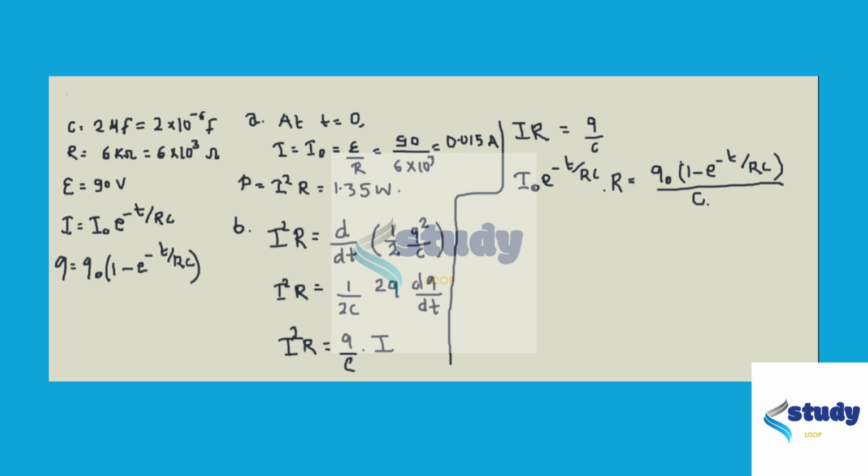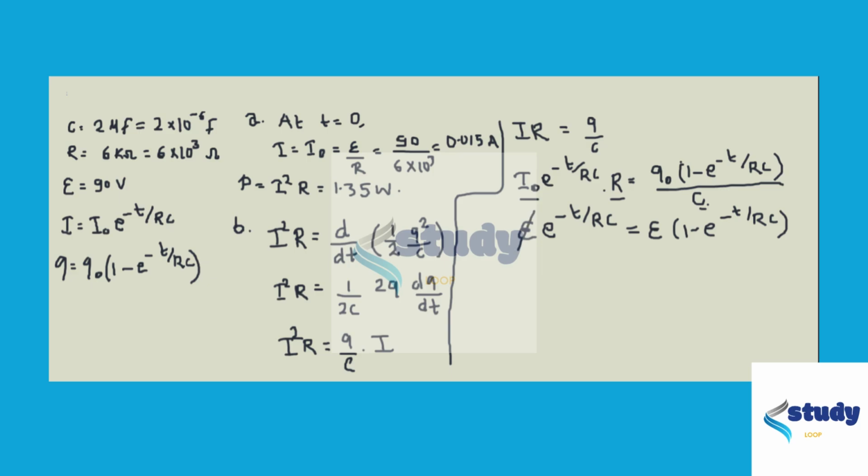So what can we do next? Now I naught into R, and q naught by C. So what is I naught into R? The maximum current that flows into R is E, right? So E times e to the power minus t by RC is equal to q naught by C, which is also E, the maximum charge over capacitance, times 1 minus e to the power minus t by RC.